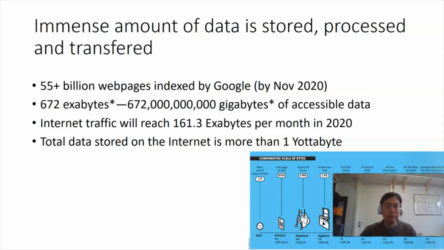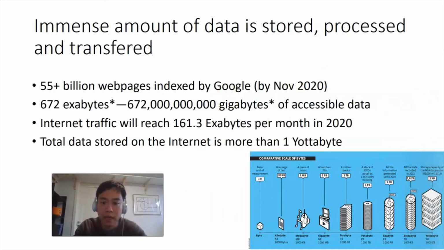So 55 plus billion web pages were indexed by Google by the end of last year. And there are 672 available exabytes that you can access via the internet. You see the small diagram in the bottom right corner explaining the scale.